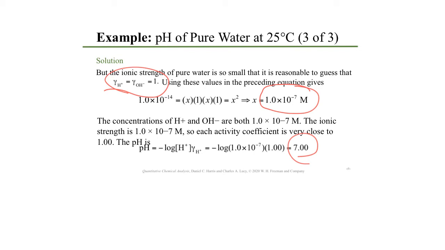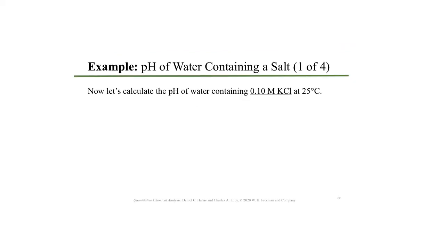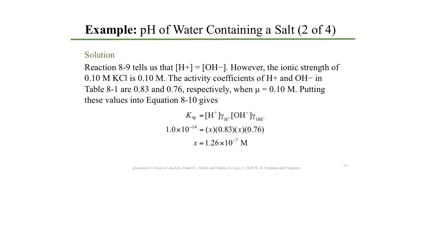But if we consider ionic strength, what happens? Now we've got some 0.1 molar KCl in there, and it's going to change. So again, we used the KW, where we got 1 times 10 minus 14, and then we can go to that table, and the table changes things a little bit because when you have an ionic strength of 0.1 molar, when you look up H plus and OH minus, H plus becomes 0.83, OH minus becomes 0.76.